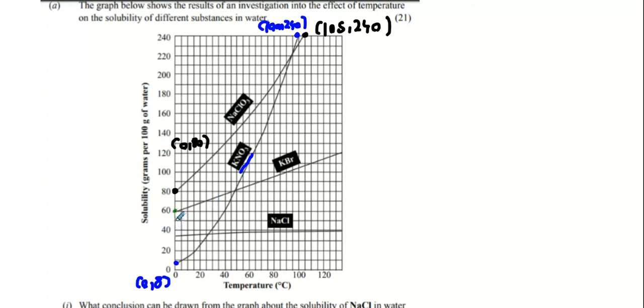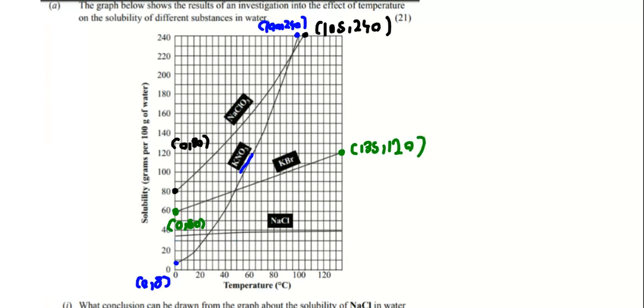KBr, which I'll do in red, is 60. You can dissolve 60 grams of it at 0 degrees. And then by the end, at about 135 degrees, you can only dissolve 120. So you can see how that works there.